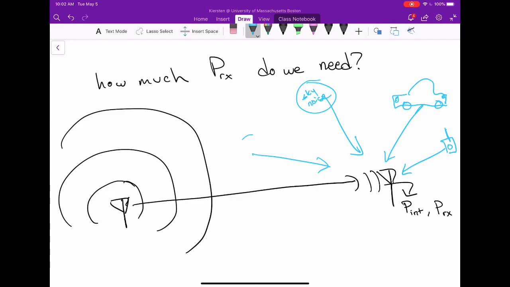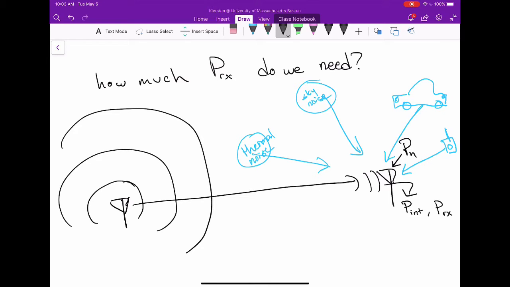There could be thermal noise. Anything with a temperature gives off black body radiation, and some of that is going to land within the frequency band of your signal that you care about. So all of these things contribute to the amount of noise power that is also going to be present at your receive antenna.